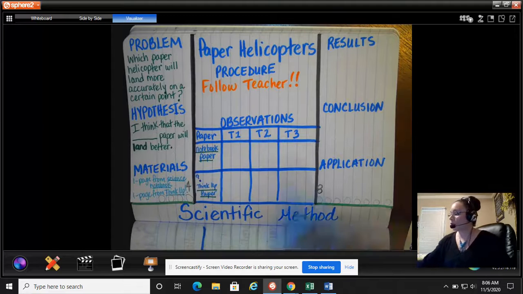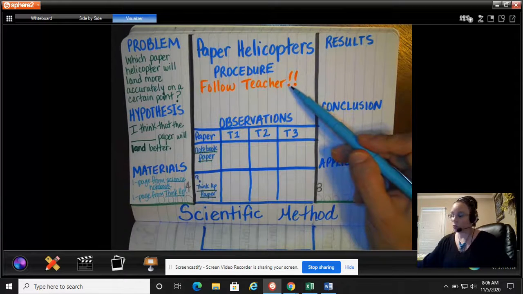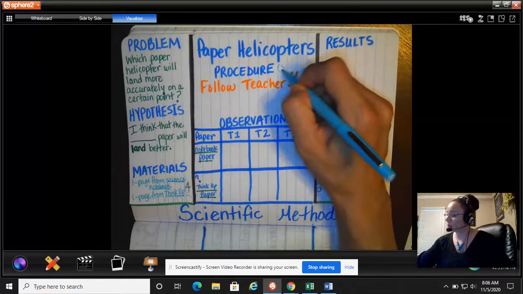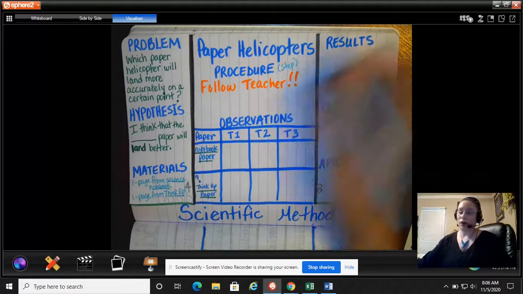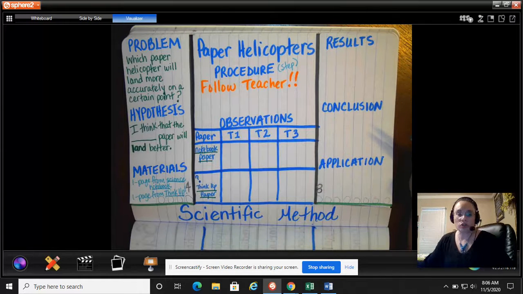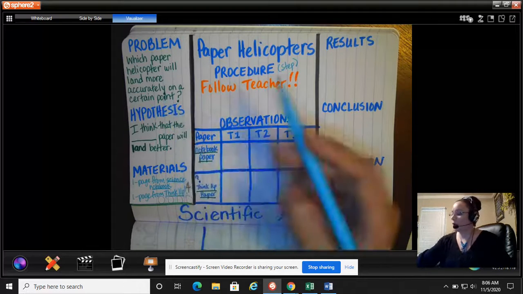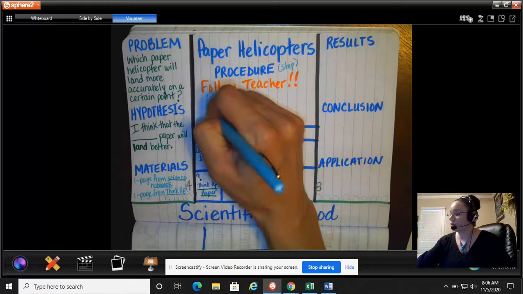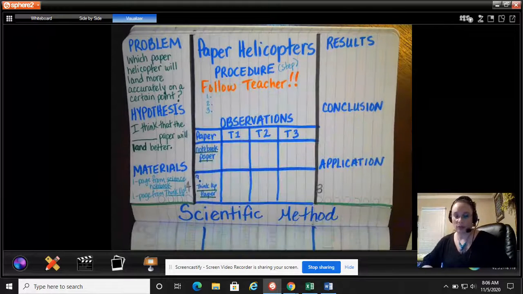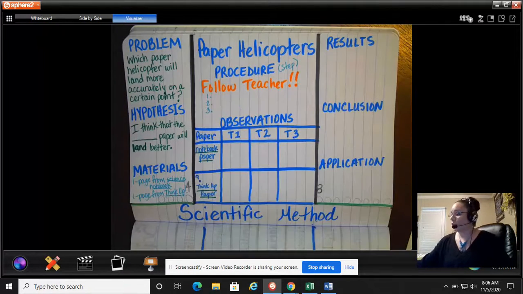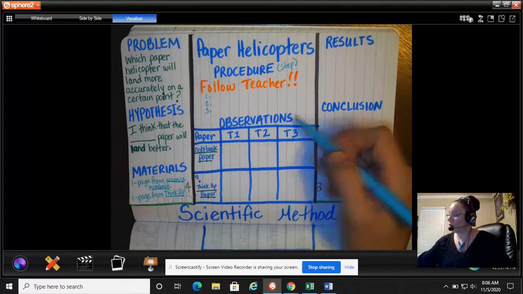Then I'm going to do the procedure, which is step by step. Here I put follow the teacher's instructions, because on Thursday we're going to follow the teacher's instructions on how to do this experiment and try to answer the question. All of these steps will be given to you on Thursday when you log in. Also, when you do the experiment, you're going to do your observations.